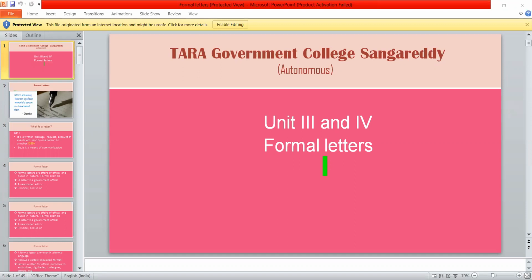Sender's address, then date, inside address, to whom you are writing, and then the salutation will be there. Subject, regarding what is the subject matter, then body, and then complimentary close like in an informal letter, signature, reference numbers.